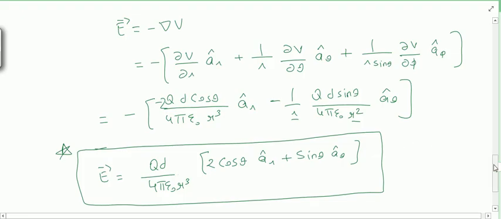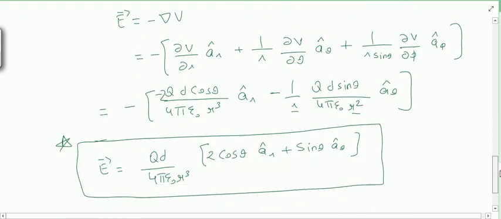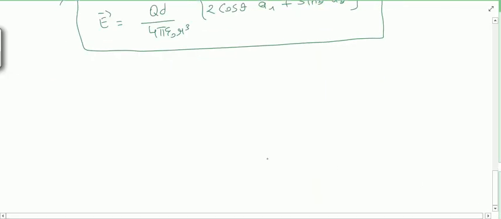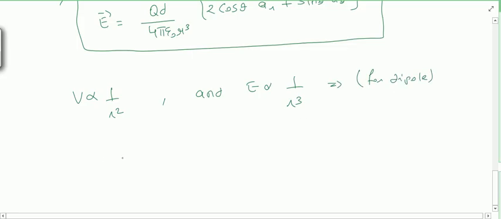Okay, so from the expression of V and E, if you see carefully, V is directly proportional to 1 by r square and E is directly proportional to 1 by r cube, for a dipole.